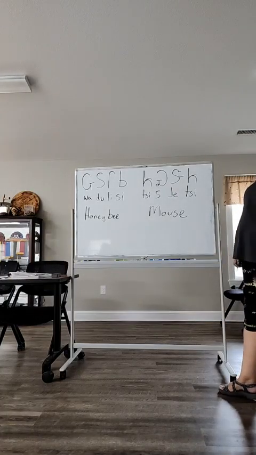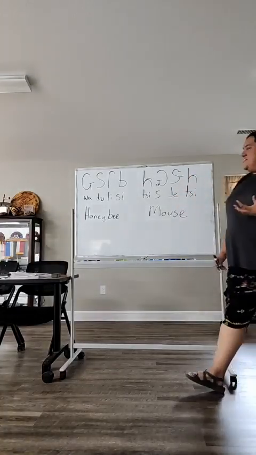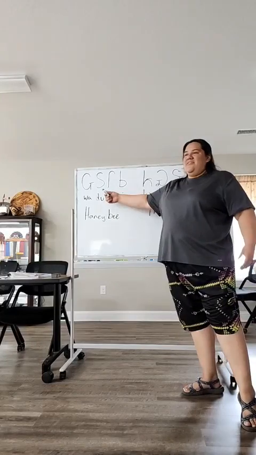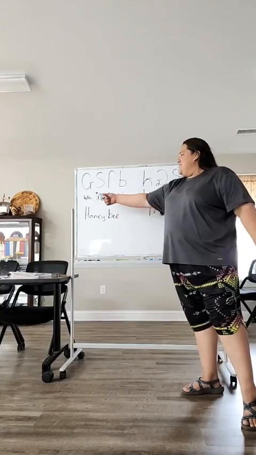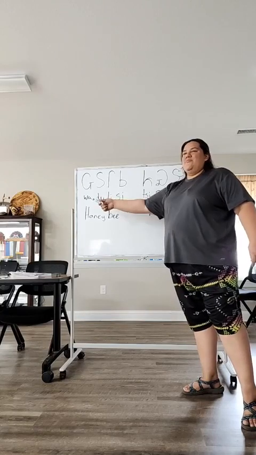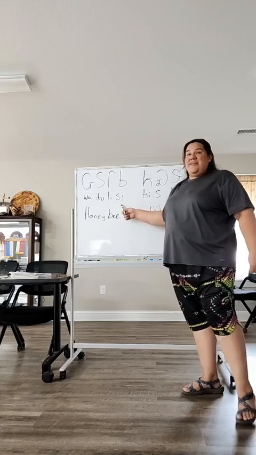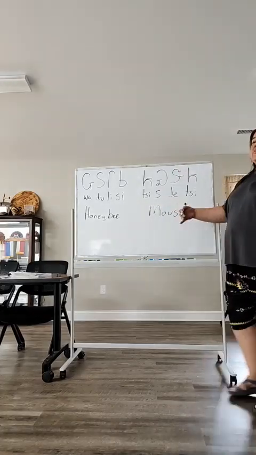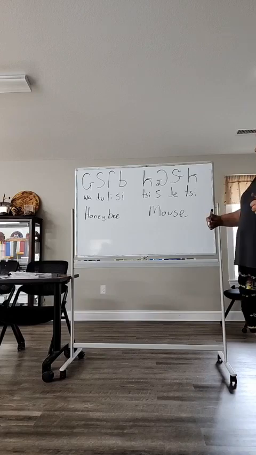Or once you get a little more fluidity to it, you'll start dropping these off too. Naturally now, after I've been in this language for a bit, I say wadulish instead of wadulishi. But it's nice to know how to spell these out, so when you see them, you know what's there and what gets dropped and how it all works. That's why I like to teach the long form.